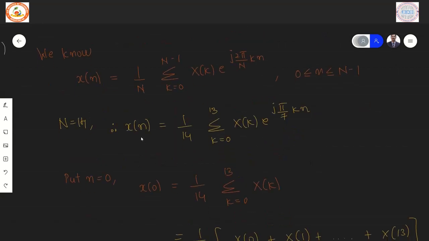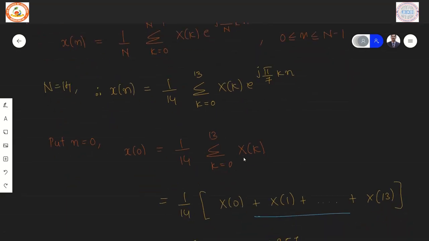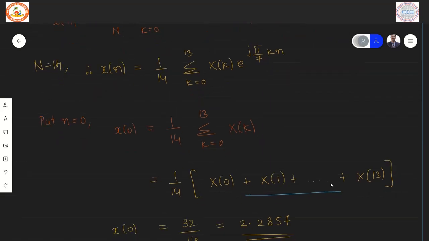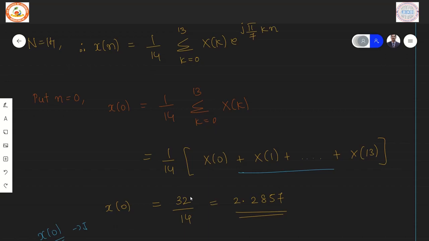Now to put the value n = 0, the exponent term vanishes. It's equal to 1. Therefore, the answer is the sum of all the elements of X[k] divided by 14. So we perform the addition of all the values that are given and calculated, and the sum comes to be 32. Dividing by 14, we get the answer 2.2857.